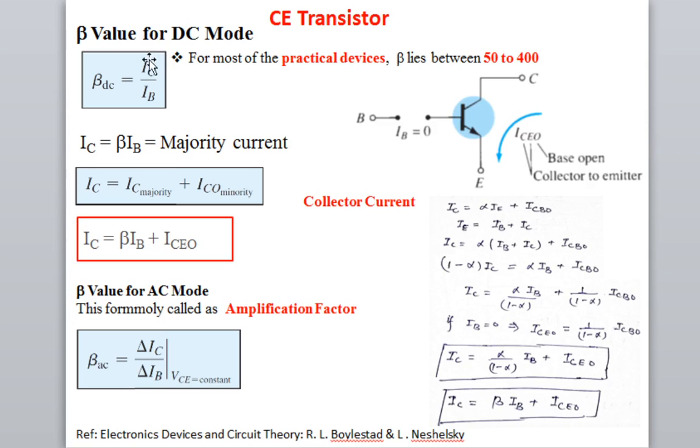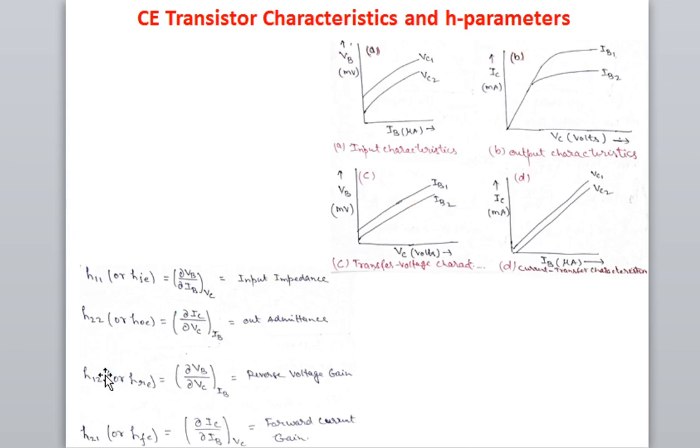Simply, the same definition: change in collector current upon change in base current, keeping the output voltage constant. That is beta AC, and it is simply called the amplification factor, or this is also exactly similar to hFE.